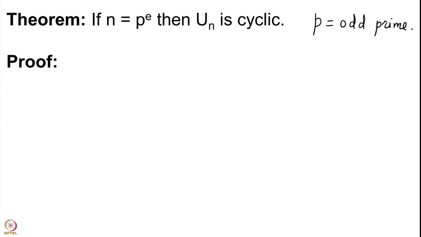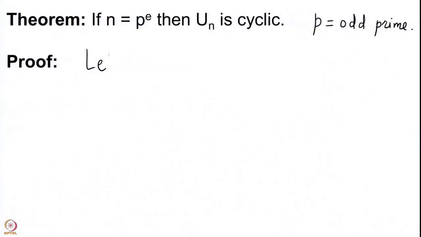Once again, our beginning step will be the same step which we had for n equal to p square, which is that we observed that to get a primitive root modulo p square, we needed to start with a primitive root modulo p. Here, if we are taking e to be bigger than or equal to 3, because for p and p square we are done, then we have to start with a primitive root modulo p square and work with that in U p power e.